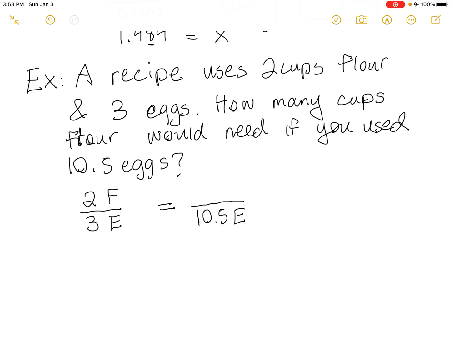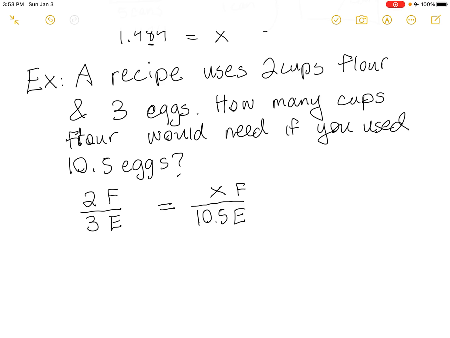What we want to know is how many cups of flour do we need? So this is our x. Okay, that's our unknown. Now, how do we solve for x? Basically what I'm doing here is setting up equal proportions, right? This is x cups of flour. So 2 flour to 3 eggs has to equal x flour to 10.5 eggs. Okay, and I'm looking for how many cups of flour.